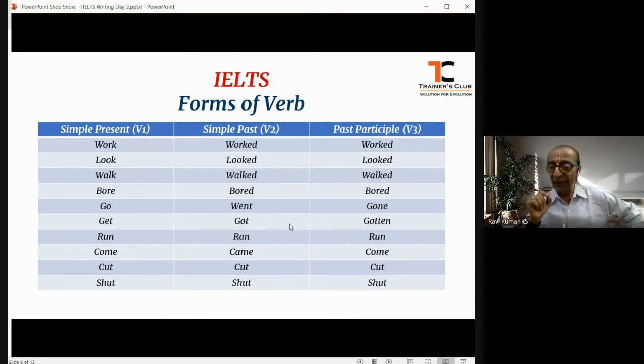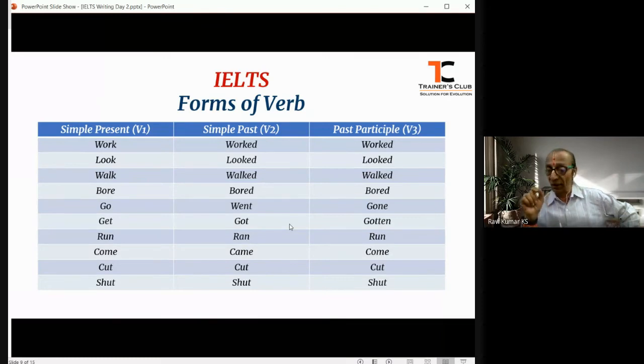So as I was saying, learn, learned. Learn, learned, learned, and learned will be V3 also. Then it is a regular verb, which is used in American English.